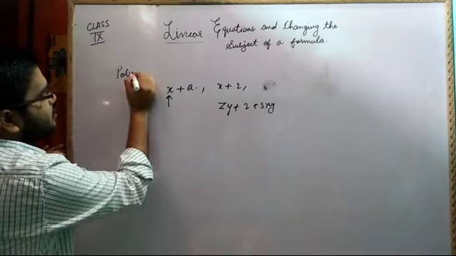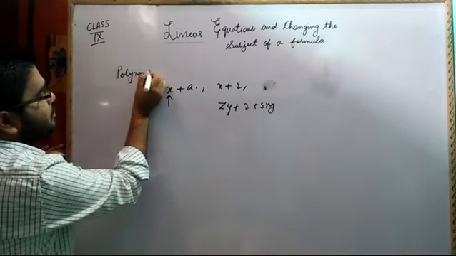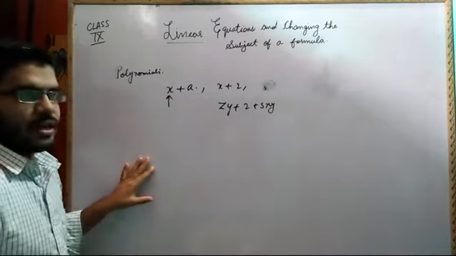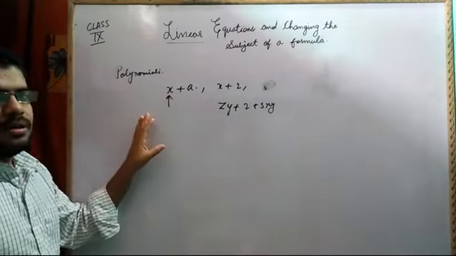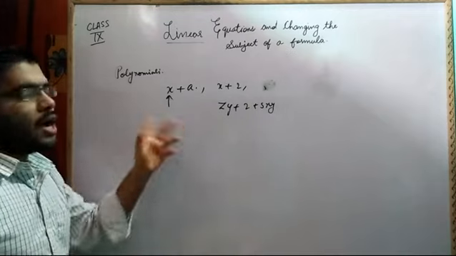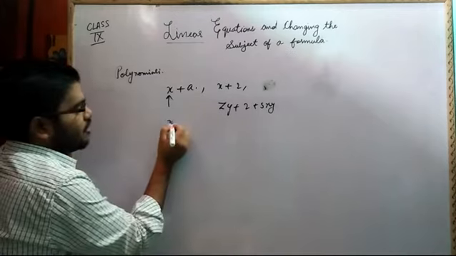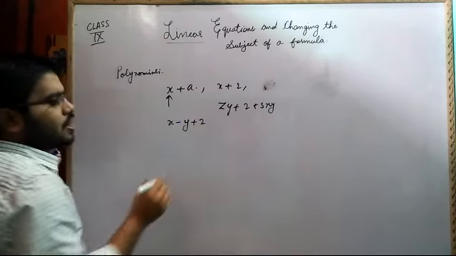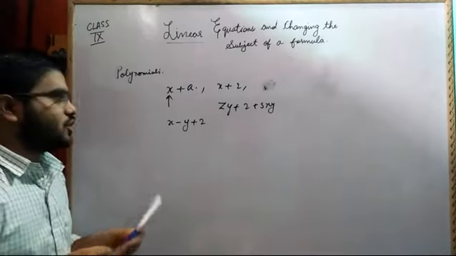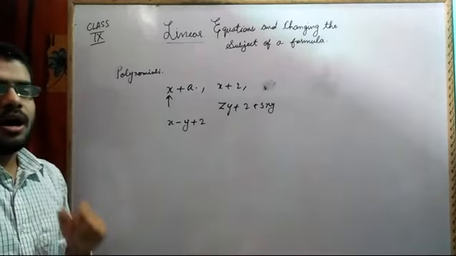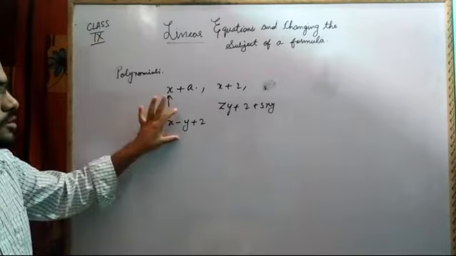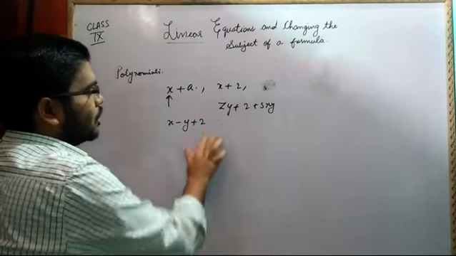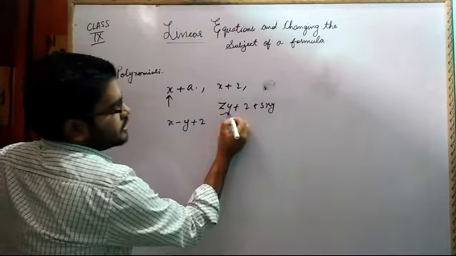Now, by looking at this, what can you say about polynomials? It is an algebraic expression in which variables and constants are operated with the help of plus or minus signs.